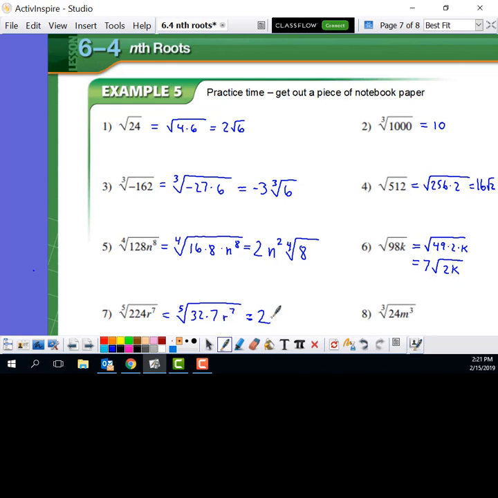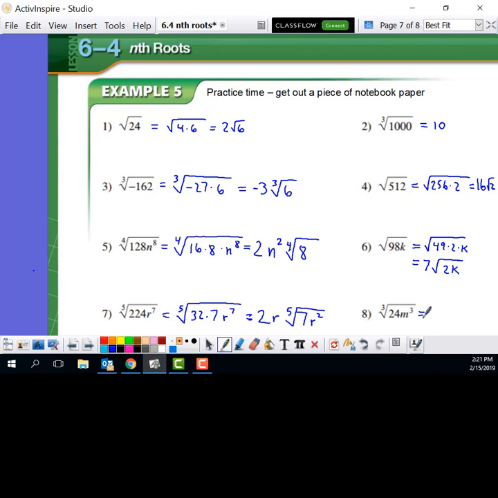With r to the 7th, I'm going to bring one r out, and I have an r squared left over on the inside. Remember, because when that r comes out, it comes out as an r to the 5th. So you only have r squared left over on the inside.